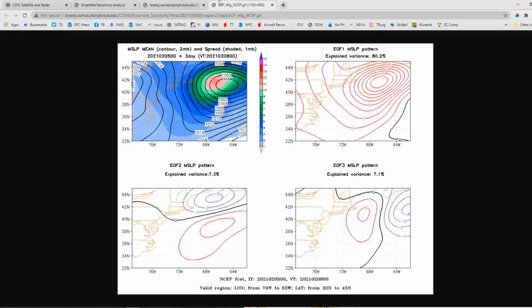So, with that in mind, that's how you can come to the conclusion that current observational trends are likely favoring a more amplified solution, with the East Coast winter storm expected on Sunday the 8th. Sunday the 7th. It's 0Z the 8th that we're looking at here.